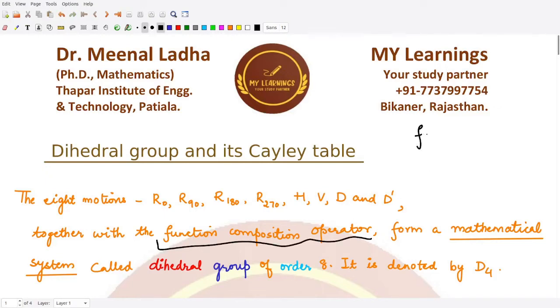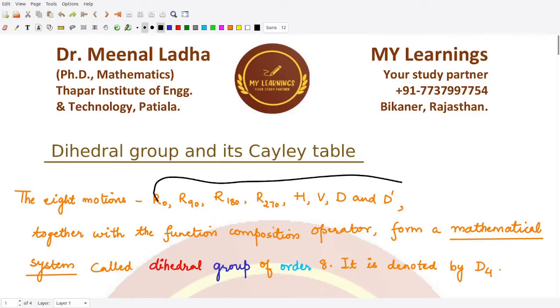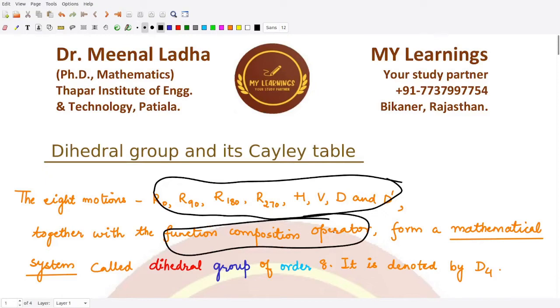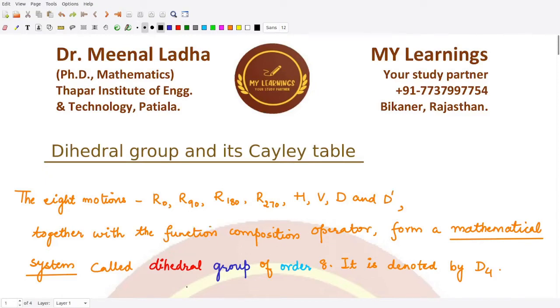You remember when you compose the function f with the function g, then the ranges should be the same, and this is the composition operator, right? So in this case we are taking the same operator and all these elements together, and we are creating a mathematical system which is known as a dihedral group, and it has an order of 8.